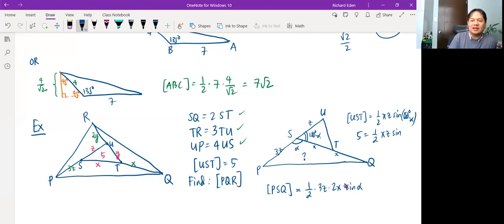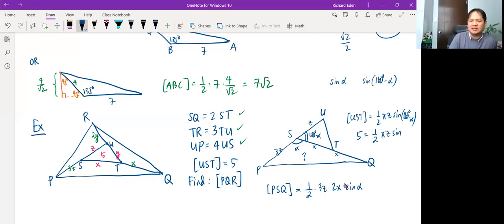Can we relate the sines? The area must always be positive, so the sine of 180 minus alpha should be positive, and the sine of alpha should also be positive.